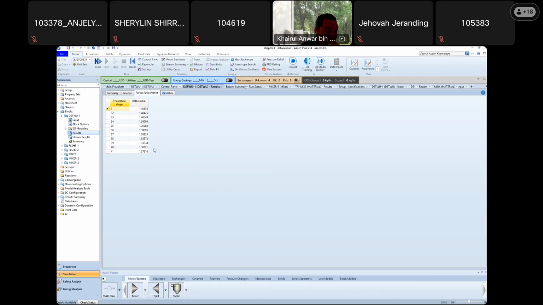Both will incur cost, but which one is the best? This depends on the process and the cost itself. We need to do some cost analysis here.